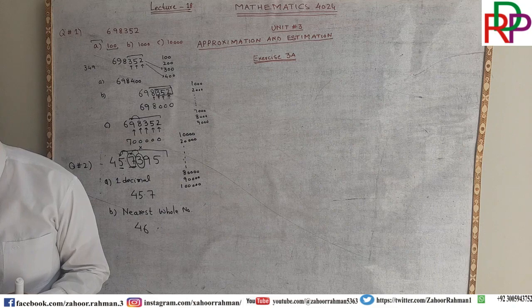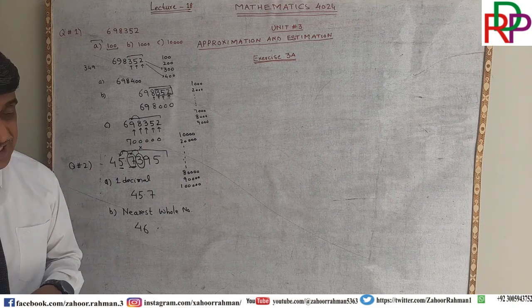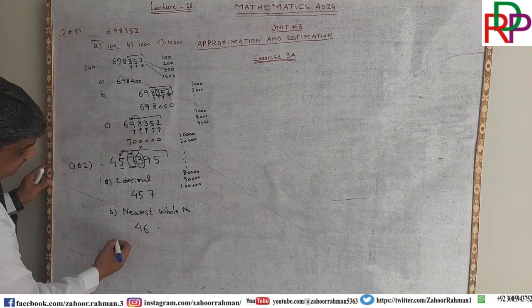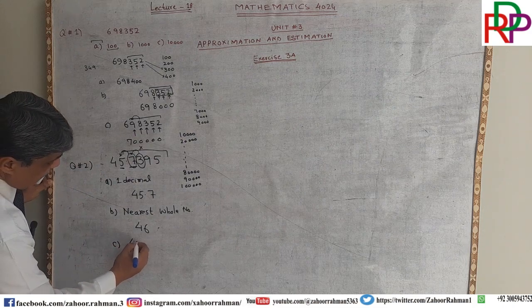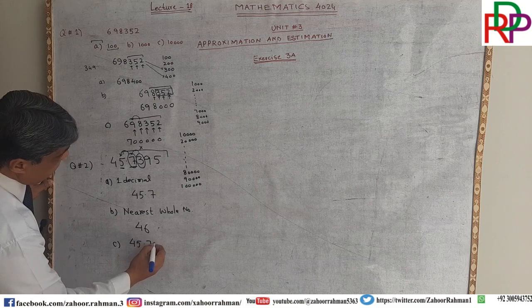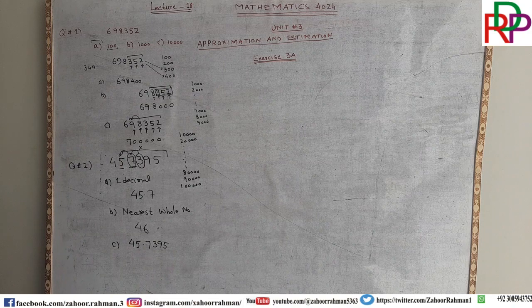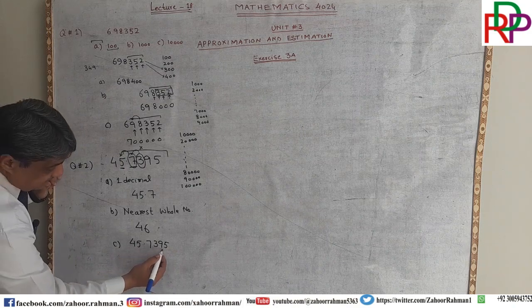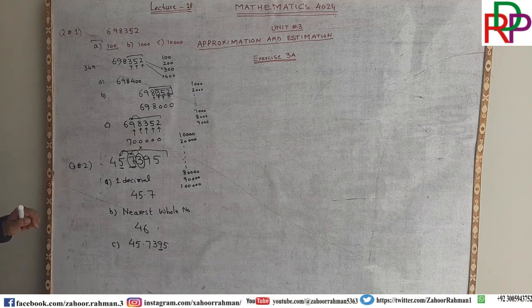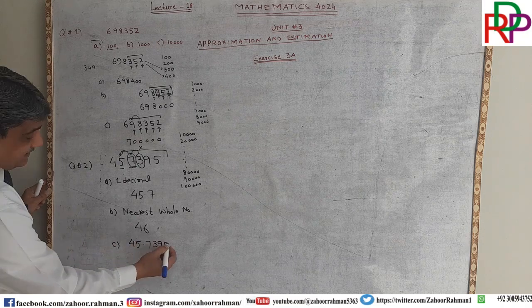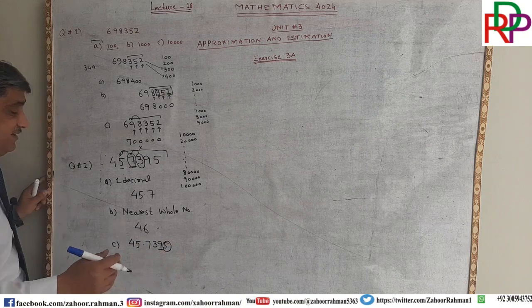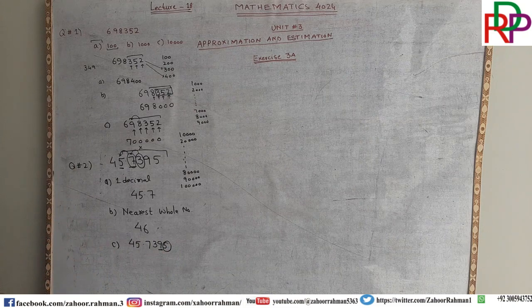Now the next part is saying 3 decimal places. We have to write the number first: 45.7395. Then underline the number till where you need the answer and encircle the number to the right of that underlined number.